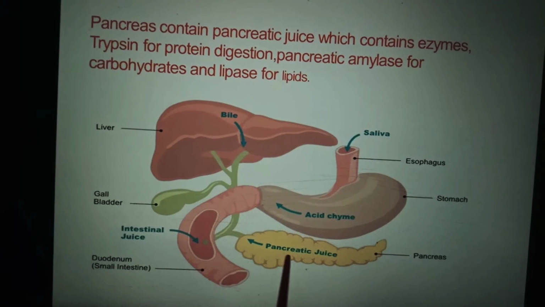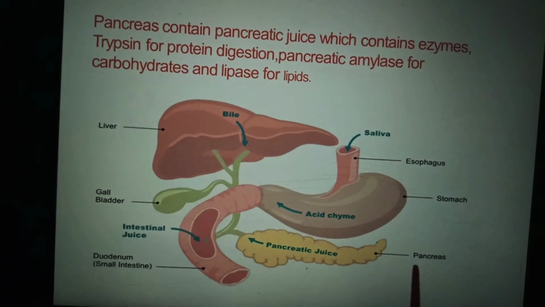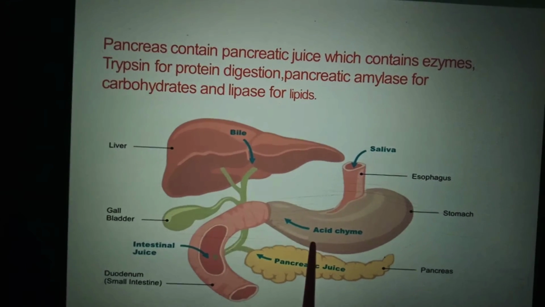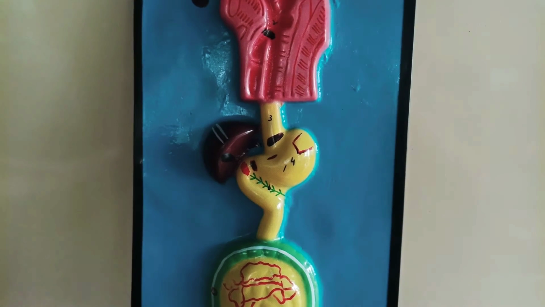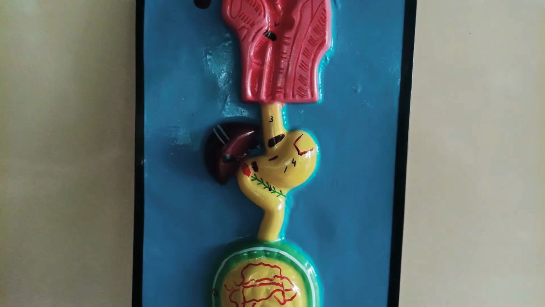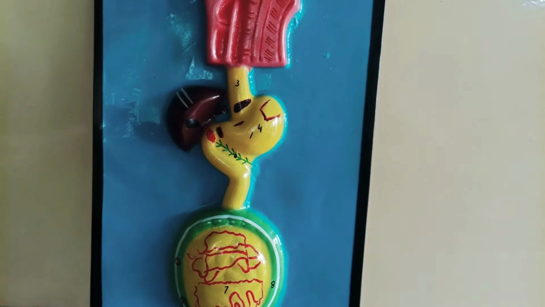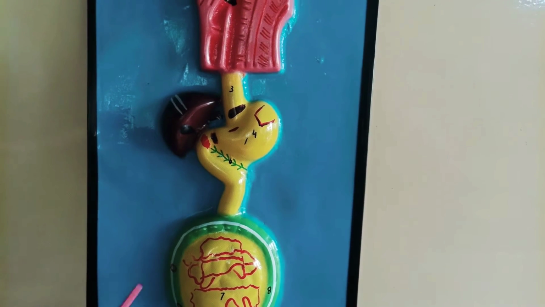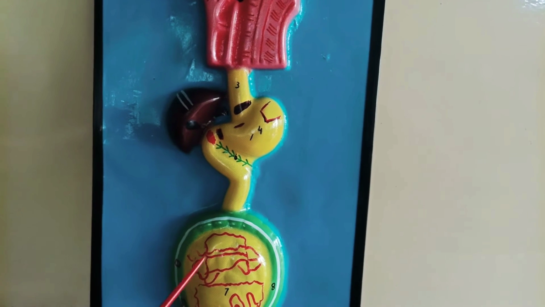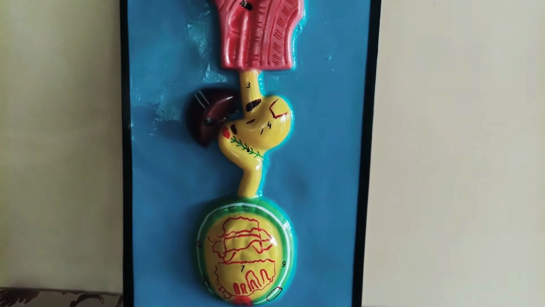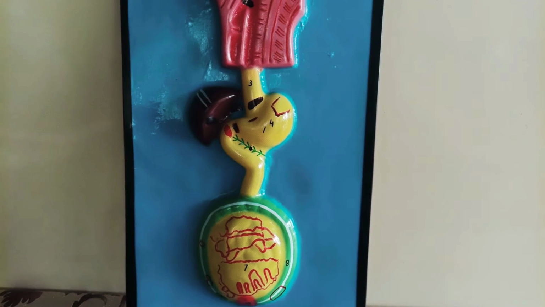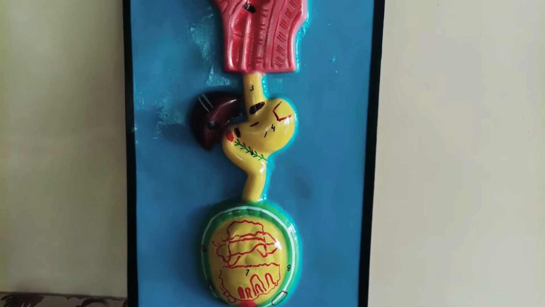The pancreatic juice will be secreted from the pancreas, and bile will be secreted from the liver. The last one is intestinal juice from the intestinal walls, which contains many enzymes for the complete digestion of all kinds of food.